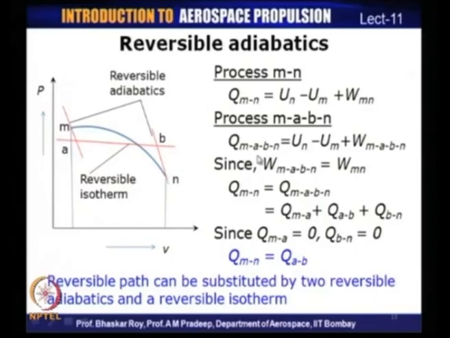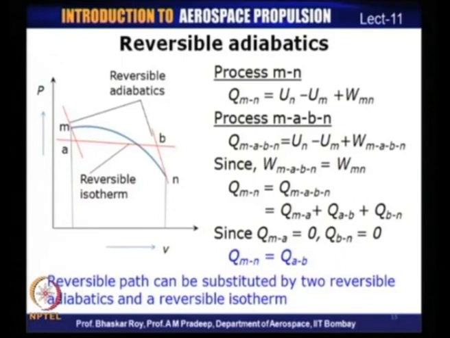So, as per the first law, Q_MABn is equal to again U_n minus U_m plus W_MABn. The change in internal energy is the same because internal energy is a property of a system, it is not a path function and does not depend upon how the process is carried out, but heat transfer and work both are path functions, they depend upon the path taken by the process.